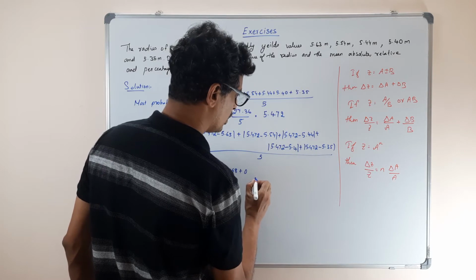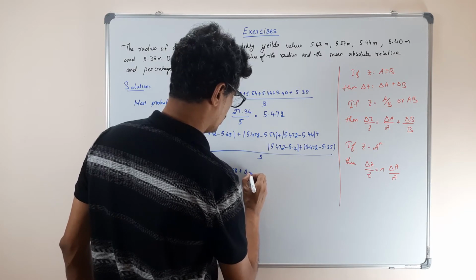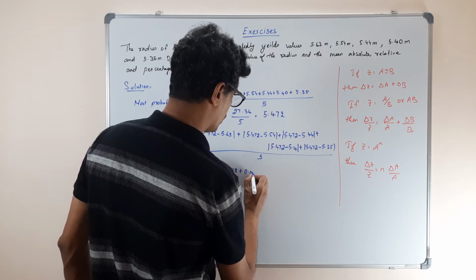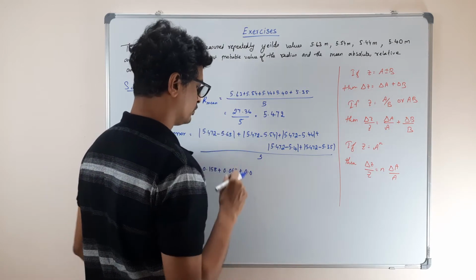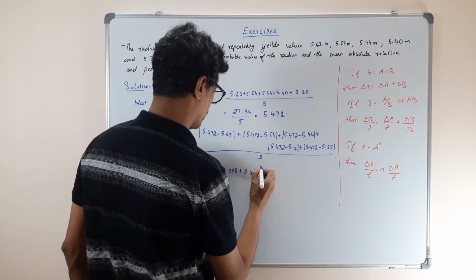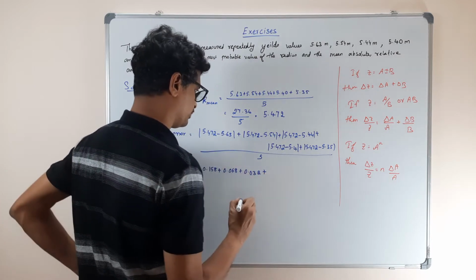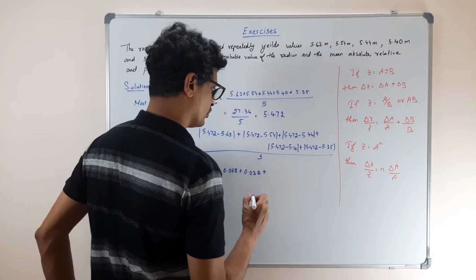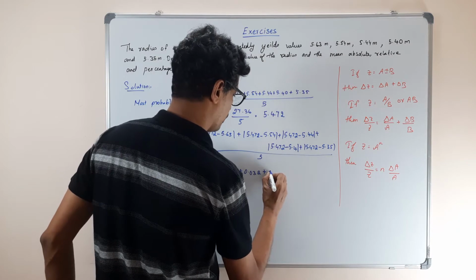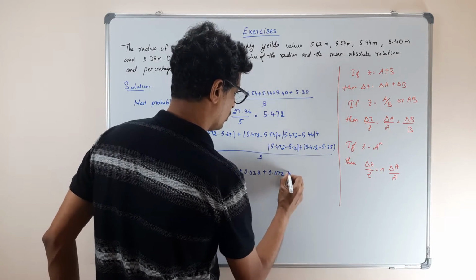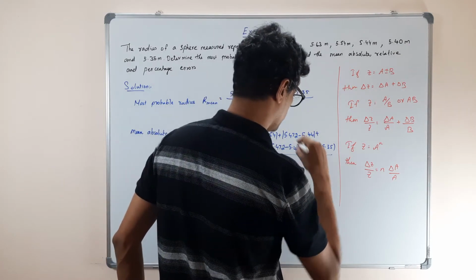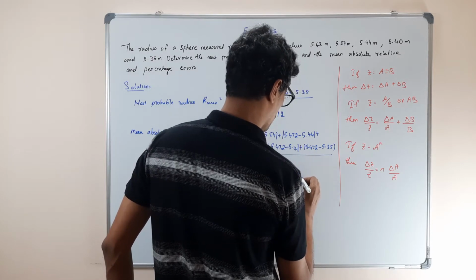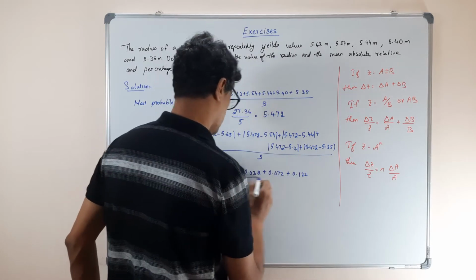0.968, are you sure? 0.032, what are you doing? Yeah, plus 0.072 plus 0. This minus this, na? So divided by 5.